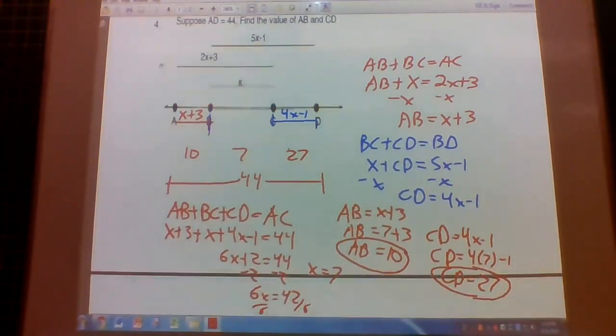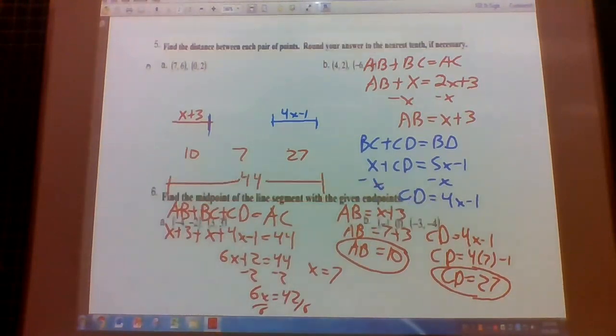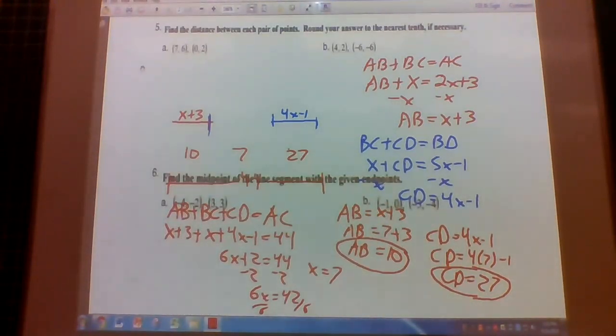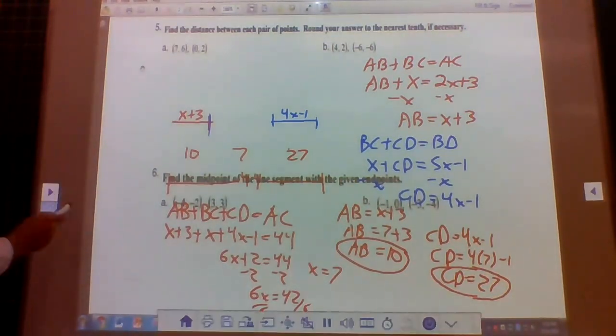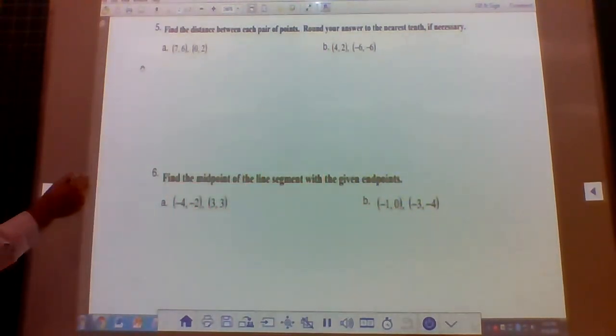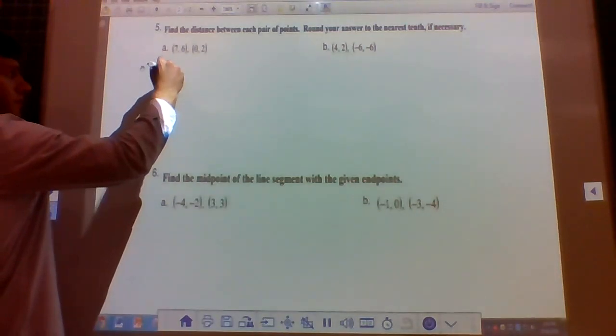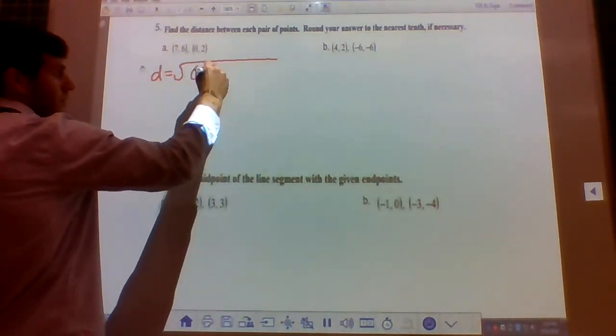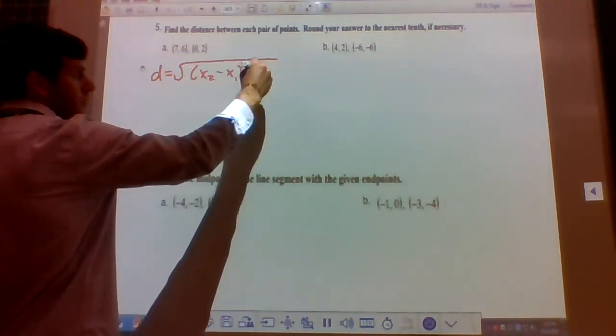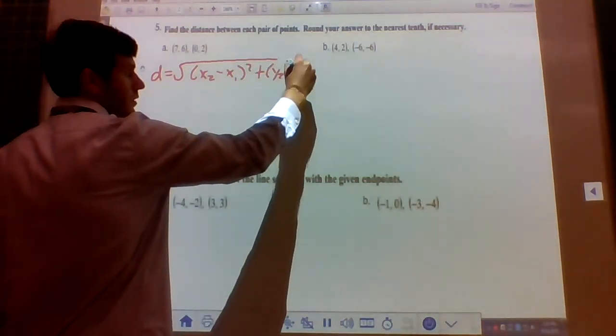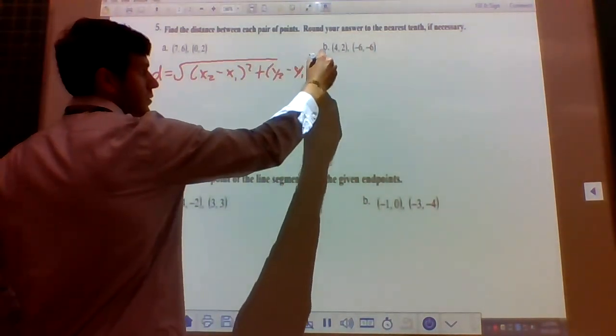So the next topic is distance formula, midpoint formula, and other endpoint. So we need to be able to use the distance formula. For A here, our distance formula is the square root of x2 minus x1 squared plus y2 minus y1 squared.